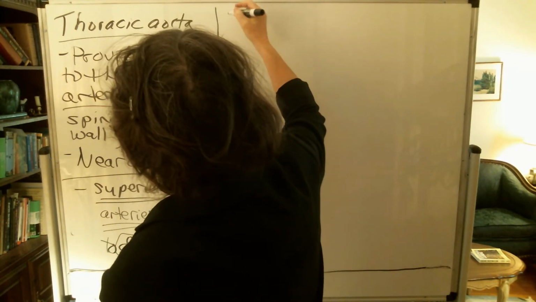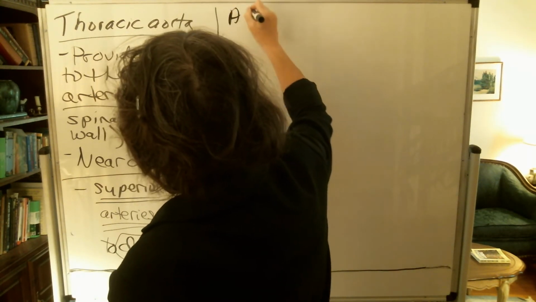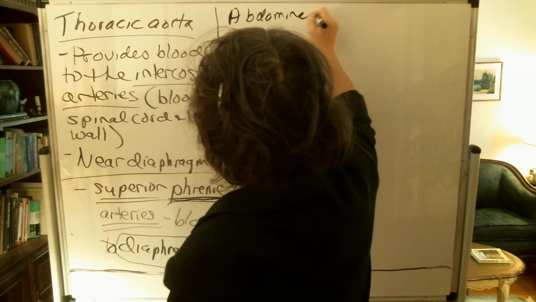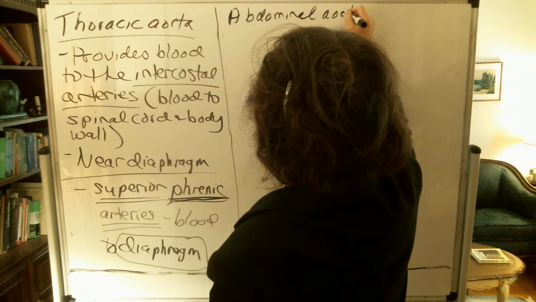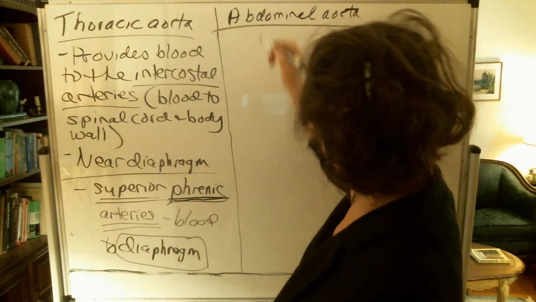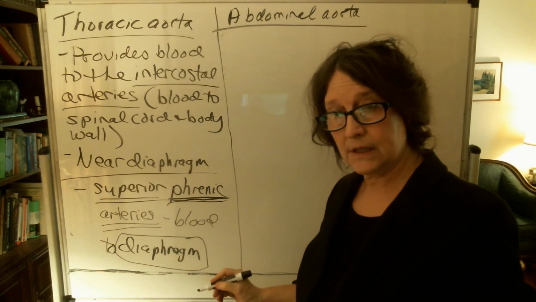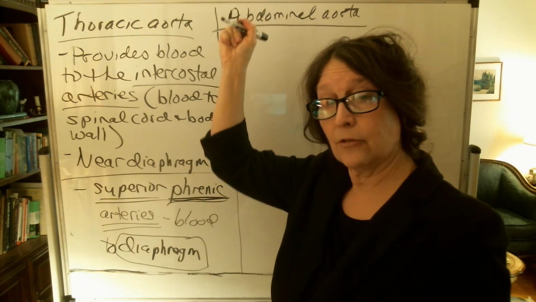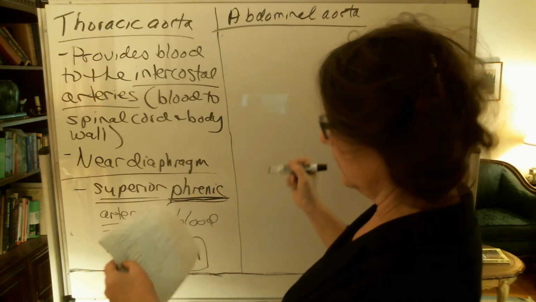Then we have the abdominal aorta. Still descending. So what I'm going to do now is give you a list of arteries, starting at the top, right under the diaphragm, and working down.